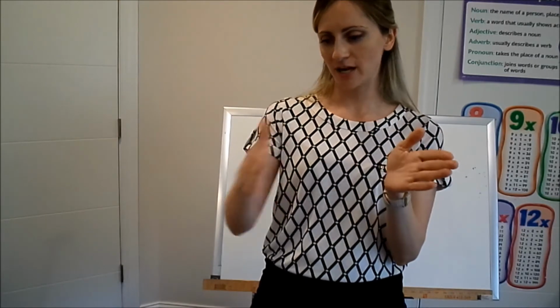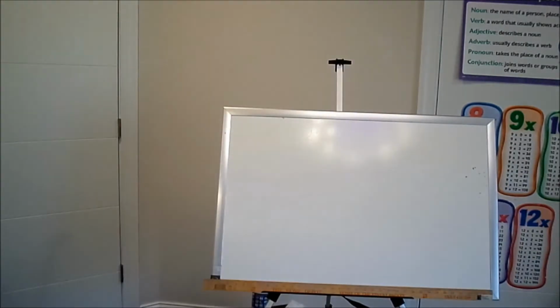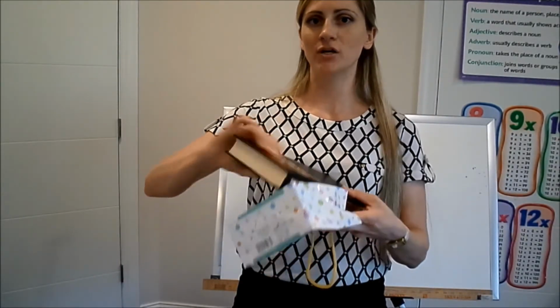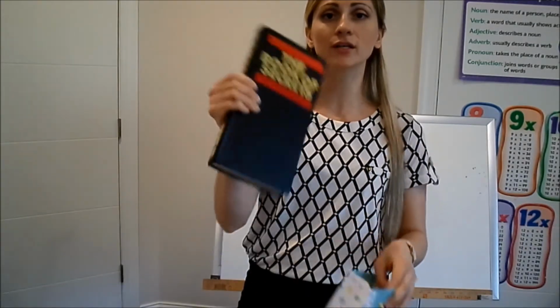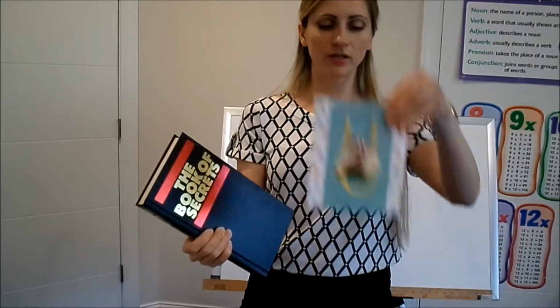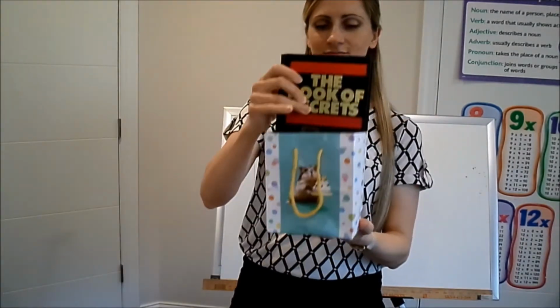When you want to describe a noun, a few adjectives would completely change when you start comparing nouns. Okay? So, for example, if I wanted to gift someone this book of secrets, you guys remember this from our class. If I wanted to gift this to someone, I could fit it into this present bag.